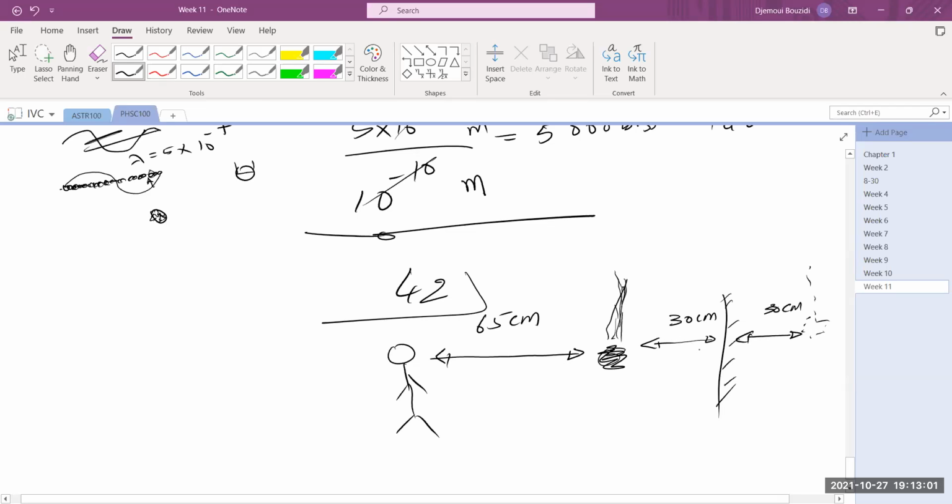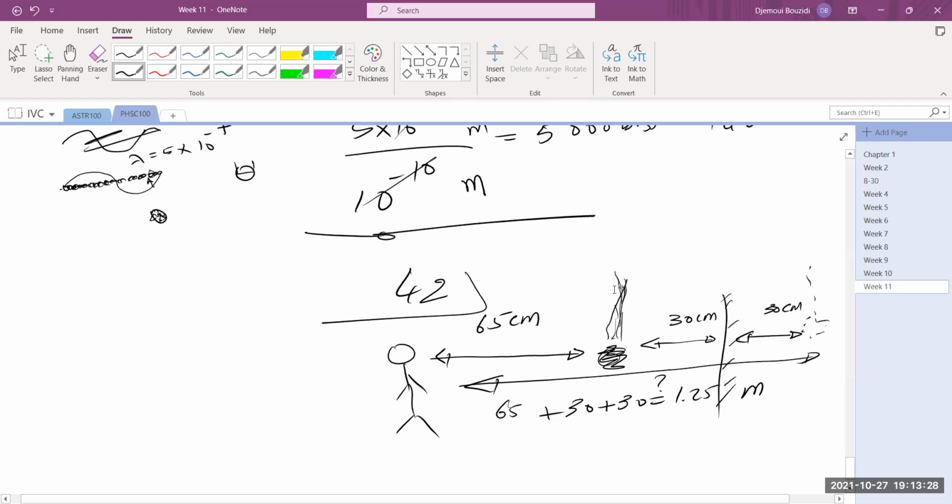Because the flat mirror, that's the one we're talking about in here, has a magnification of 1. That means the distance between this point and this point is the same. So all you have to do in here is add 65, because you're looking at the image, to 30 to 30, and the answer is 1.25 meters.